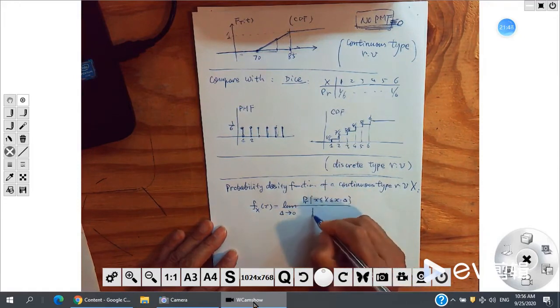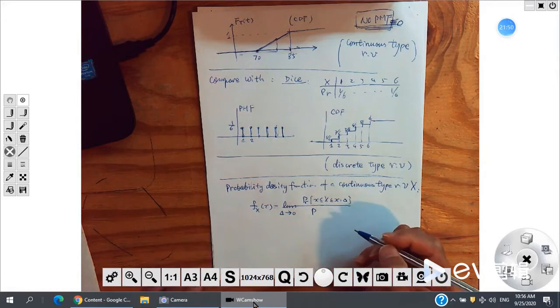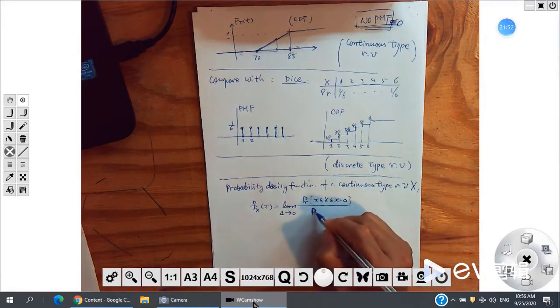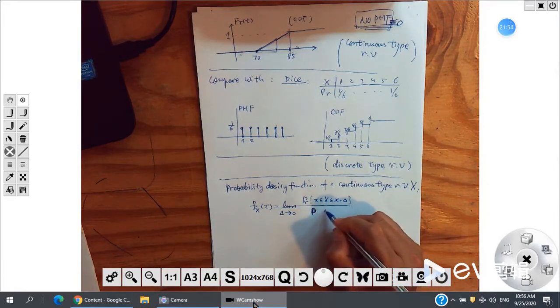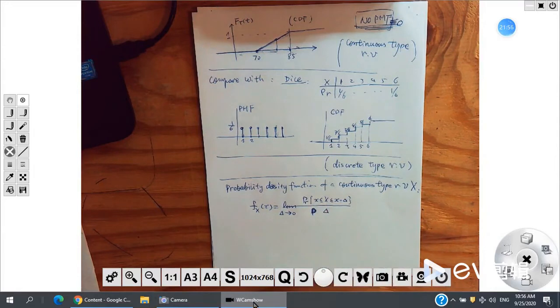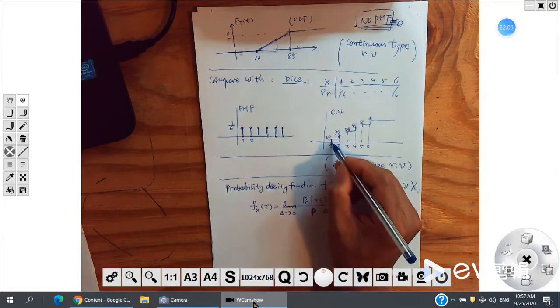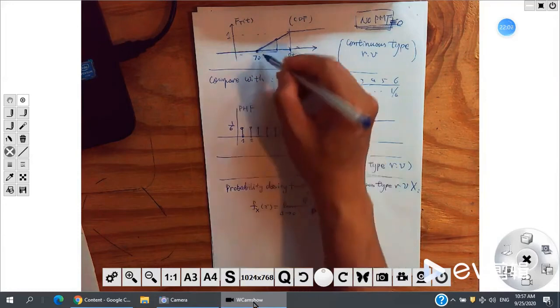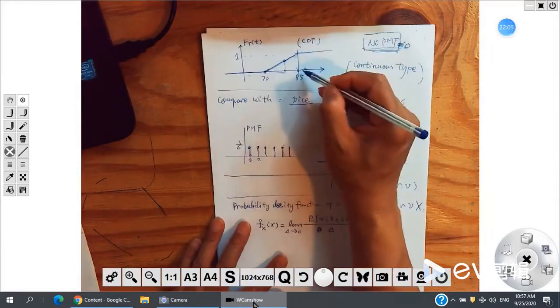So we can define this as density. Think of the values between, say, 70 and 85.